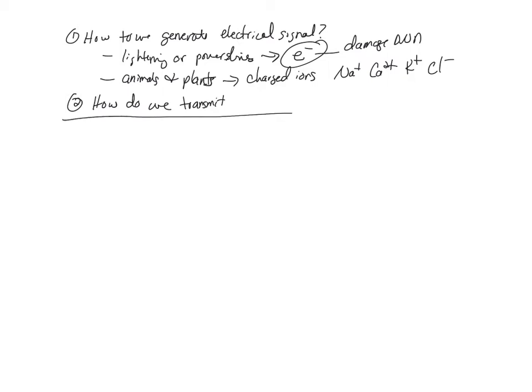So let's talk about some of these definitions that we have. We have this idea of a charge. We have charges within the body. If you add them all together, the human body is essentially neutral.